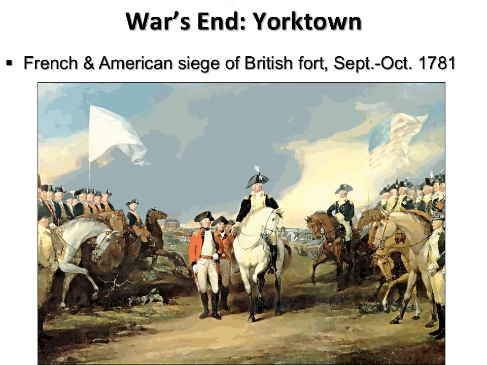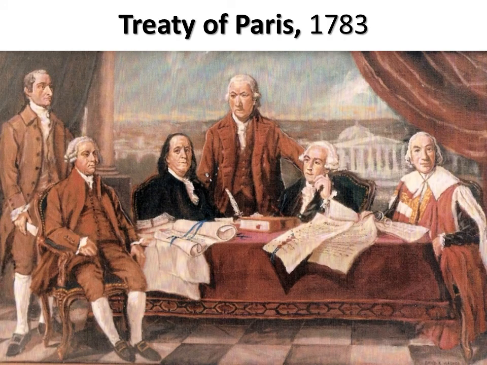The war, of course, would come to an end, and one of the climactic battles would take place in 1781 at Yorktown in Virginia, where French and American forces together lay siege to a British fort, and the British commander and his men surrender. There's more fighting over the next couple of years, but the war would finally be settled by the Treaty of Paris in 1783.